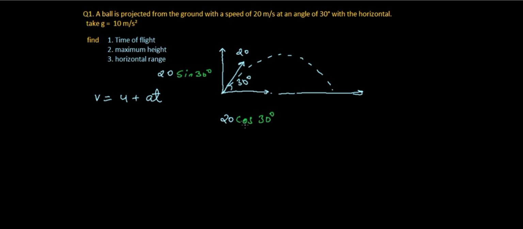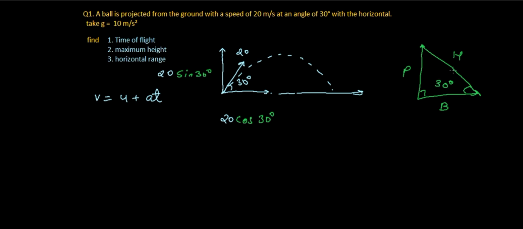Because we know that in a right angle triangle, if we have given h, we can find p and b. Similarly, here the h is 20, okay, and the angle is 30 degree.